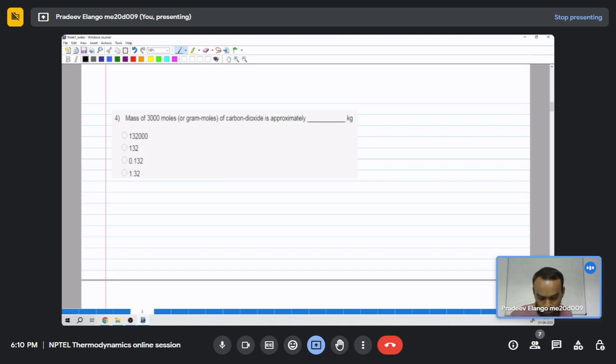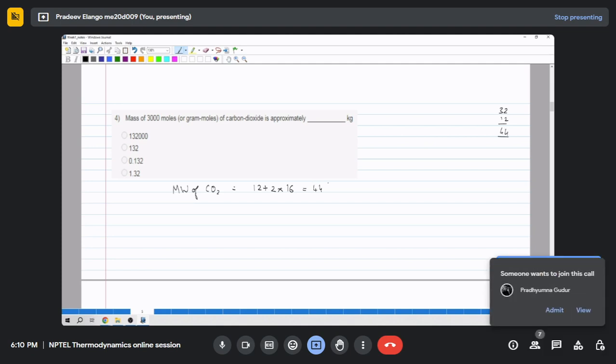Mass of 3000 moles or gram moles of carbon dioxide is approximately how many grams? So we know the molecular weight of carbon dioxide is 12 plus 2 into 16, which is 44. So this is 44 gram per mole.